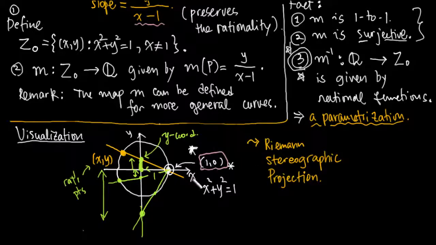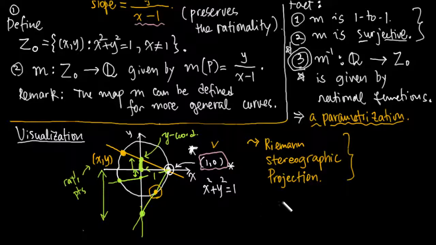I hope you find this similar to the Riemann stereographic projection of the sphere down to a plane, and this is exactly the same idea. It's just happening in 2-dimensional space rather than 3-dimensional space. So that stereographic projection is giving us this idea of parametrization, because the line intersects this circle at exactly 2 points, and 1 point is fixed here, and that happens to parameterize the other point.